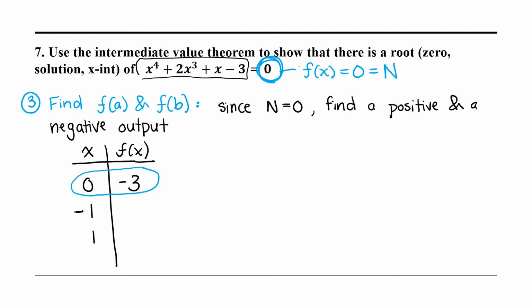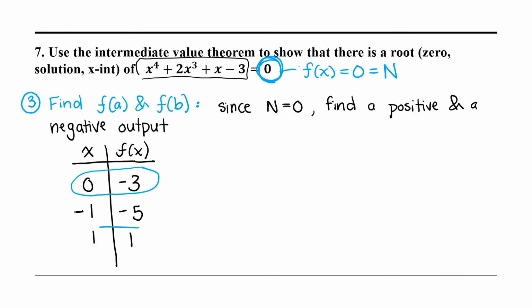So now we need some sort of positive output. If we substitute in -1, we're going to get 1 minus 2 minus 1 minus 3, which gives us -5. And this is still negative, so that's not going to help us. So let's try inputting 1 now. So that'll be 1 plus 2 plus 1 minus 3, which gives us 1.